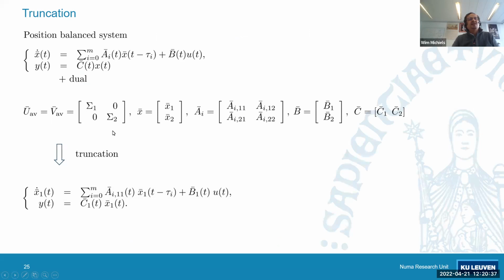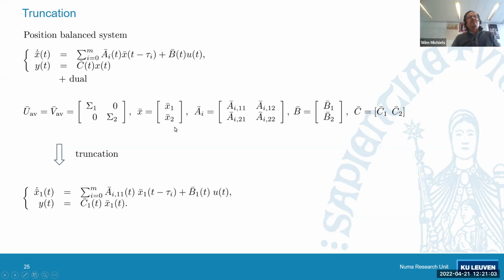And then you can make a distinction between the important state variables and the less important state variables. And then you can simply truncate your system into a smaller one, where we only take, in this case, the top blocks corresponding to the higher values in the balanced remains.